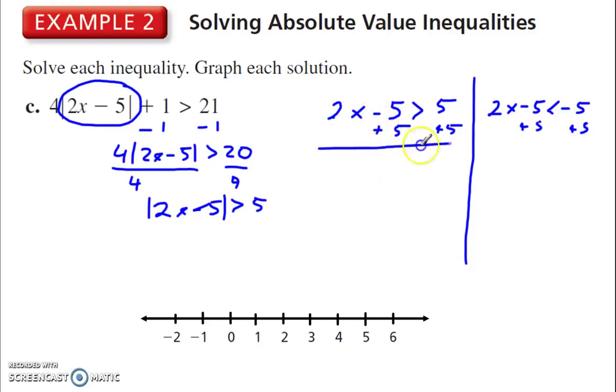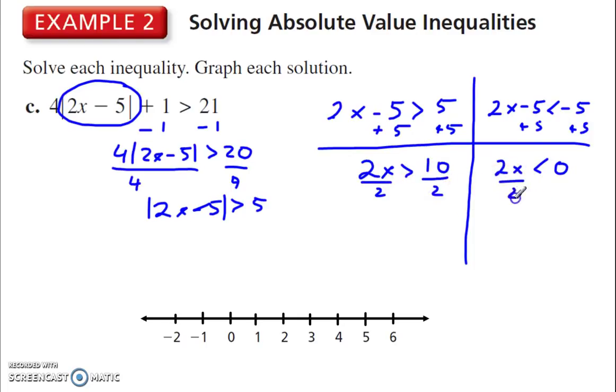And we get 2x is greater than 10, or 2x is less than 0. Divide by 2. And we get x is greater than 5, or x is less than 0. So open circle, less than 0, open circle, greater than 5.